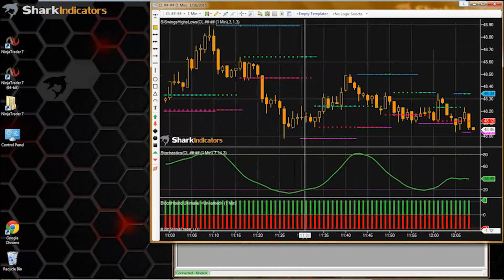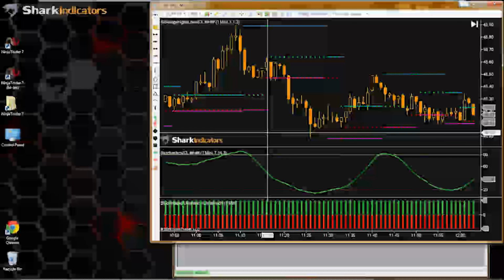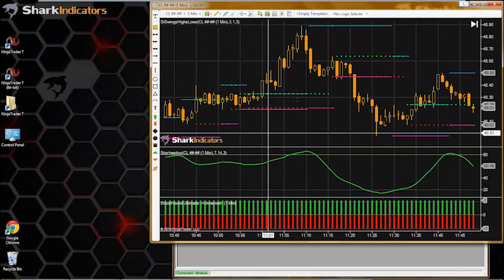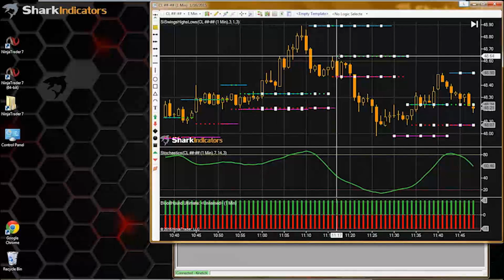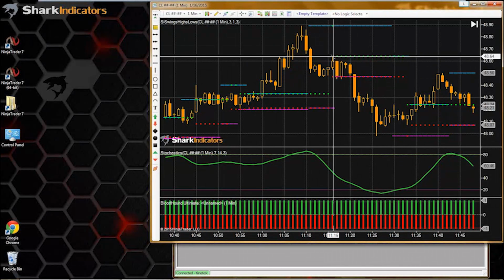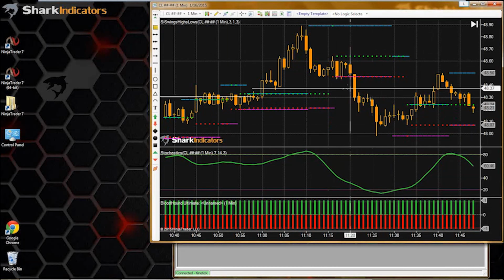All right, so if we take a look at this, we can see the dotted plots here, the dotted blue plots, or actually they're green, kind of identified this intermediate high or this lower high, and then price came down.